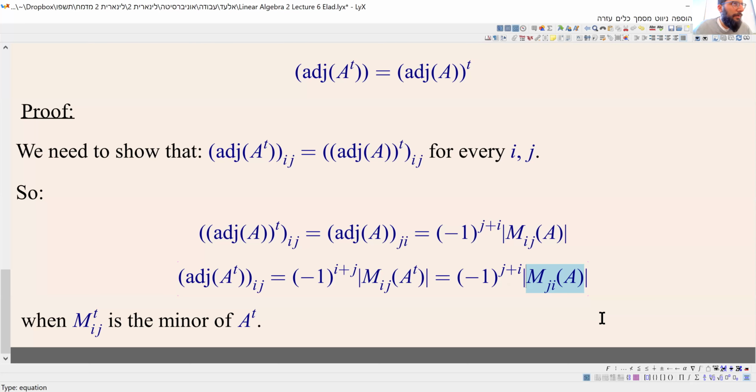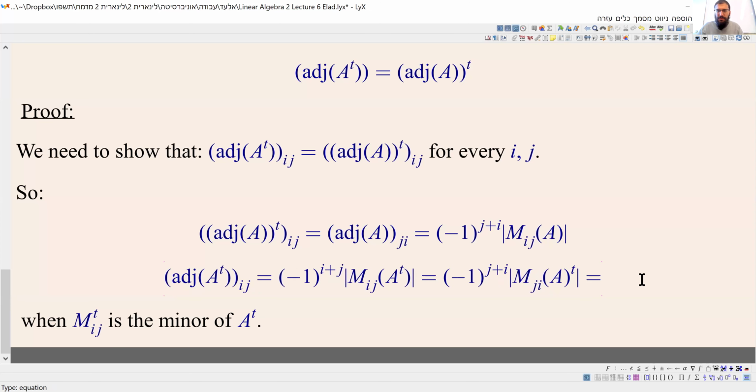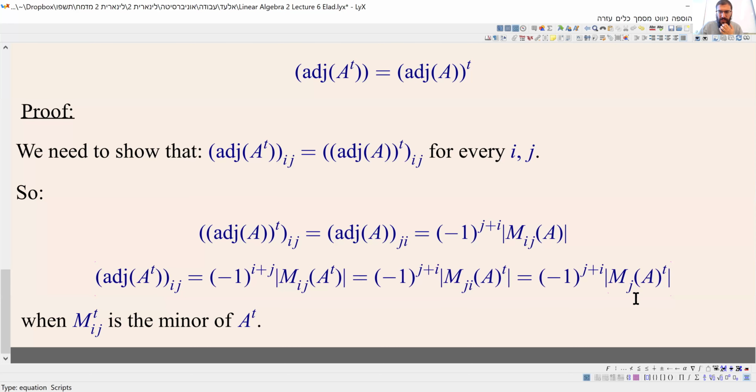One of the properties of the determinant we discussed earlier in our course is that the determinant of the transpose is the same as the determinant of the original matrix. So the determinant of the ij minor here is the determinant of the transpose of the minor, and when it comes to determinants, we can give up on our T, we can just put down the ij.